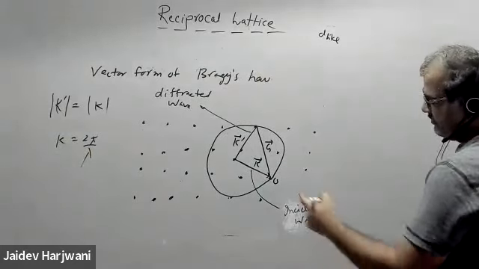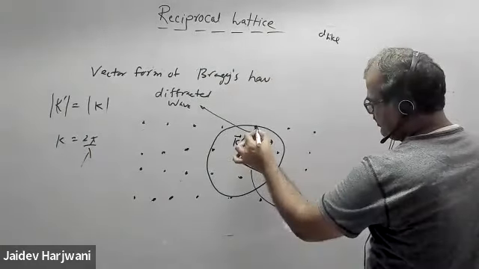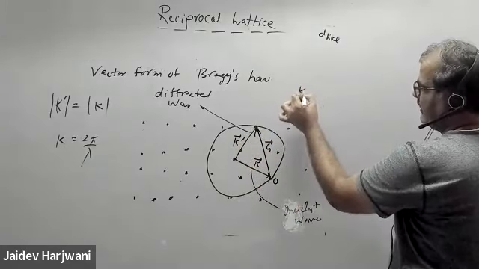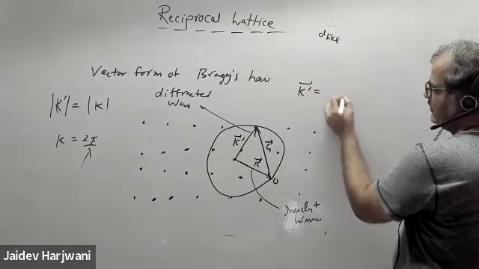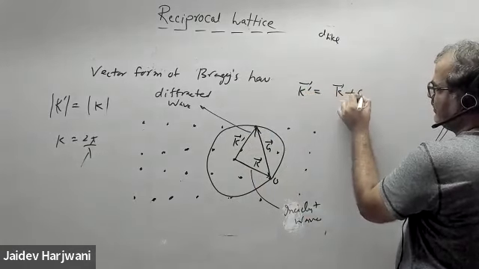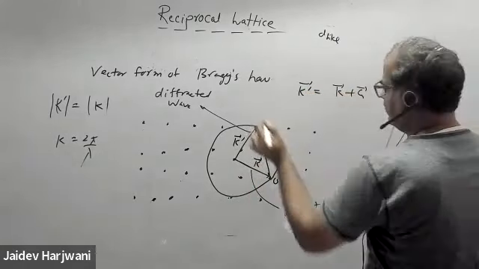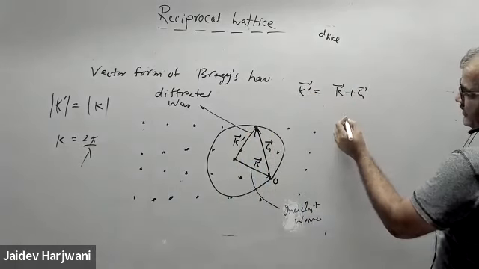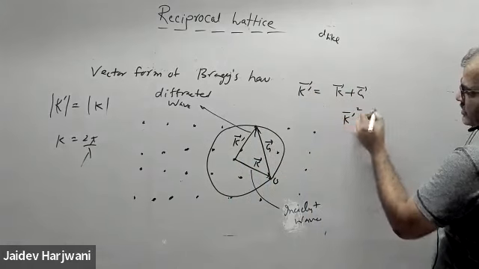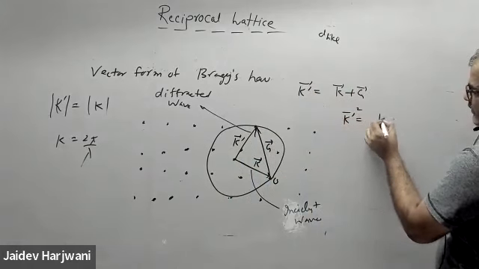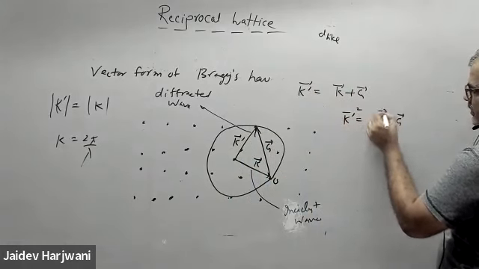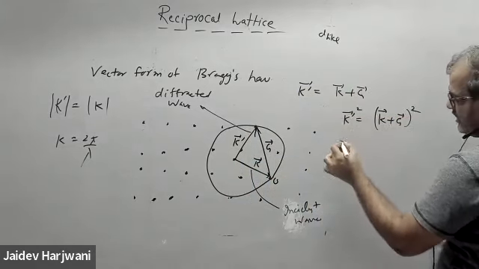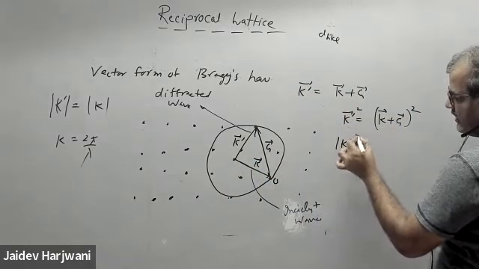Now, this is my reciprocal lattice vector. If I apply this in this triangle, I can simply write my K dash vector equal to K plus G. Now if I take the square of this, K plus G whole square, the square of a vector equals its mod square.